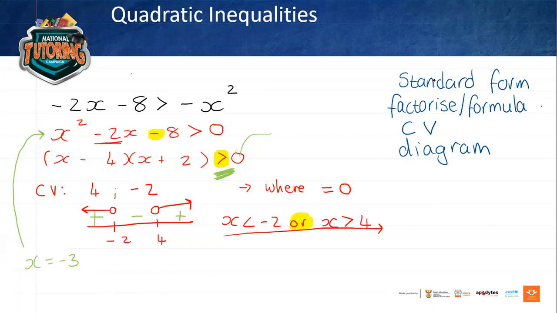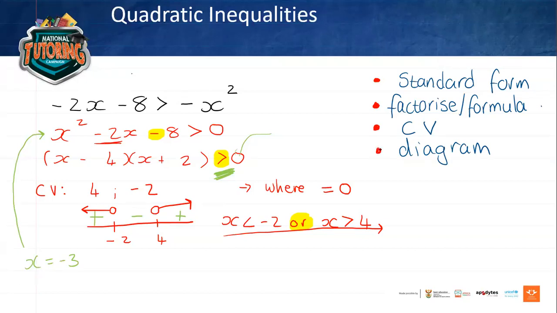All right, so here are our steps for quadratic inequalities. Standard form, that means everything on the left equal to 0 or greater than 0 in our case. Factorize, or you could use the quadratic formula if you can't factorize it. And we factorize so that we can find the critical values, the values of x where our expression is equal to 0.